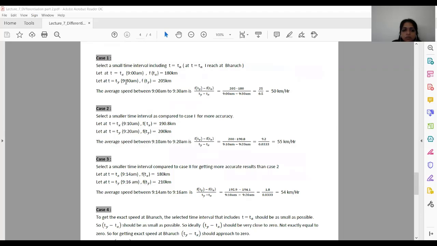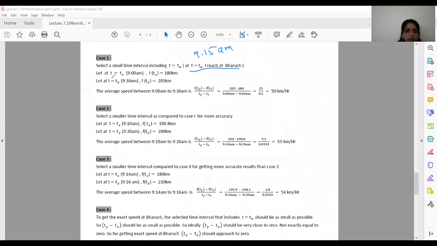Now, if I want to find the exact speed at this point, I have some different cases. In the first case, my t equal to Ta is when I reach Bharuch, that is 9:15. So I take a small interval which includes 9:15 am.